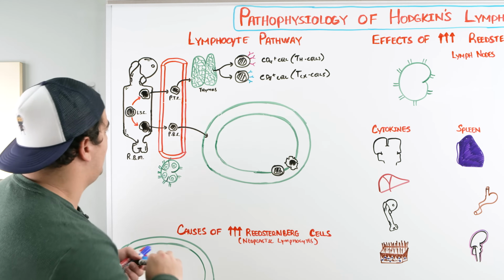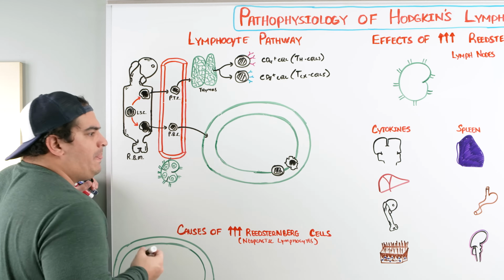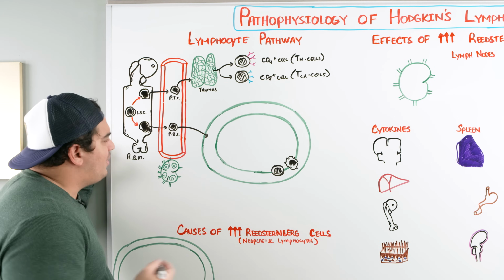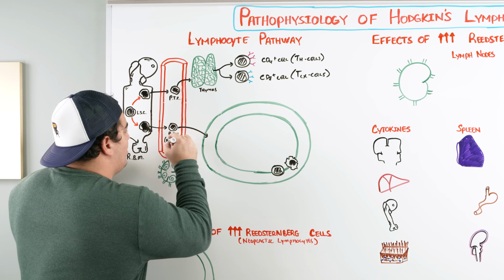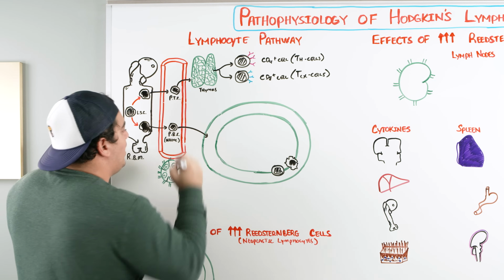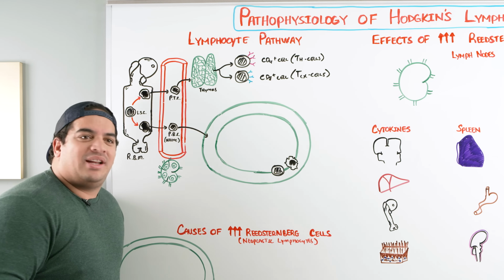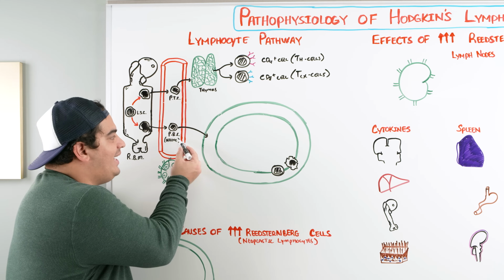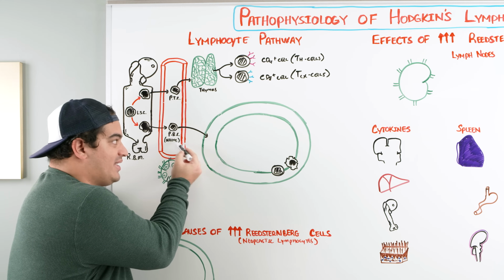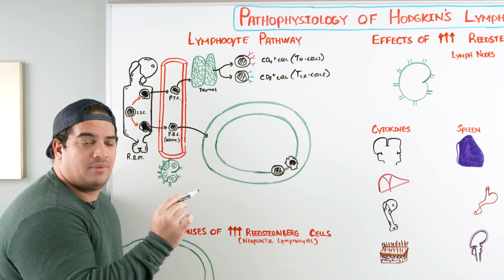But what happens is this precursor B cell, if you want to think about it, it's also naive. So we can call this not only a precursor, but also a naive B cell, meaning it has never been exposed to an antigen. At this point, it has no antigen exposure.